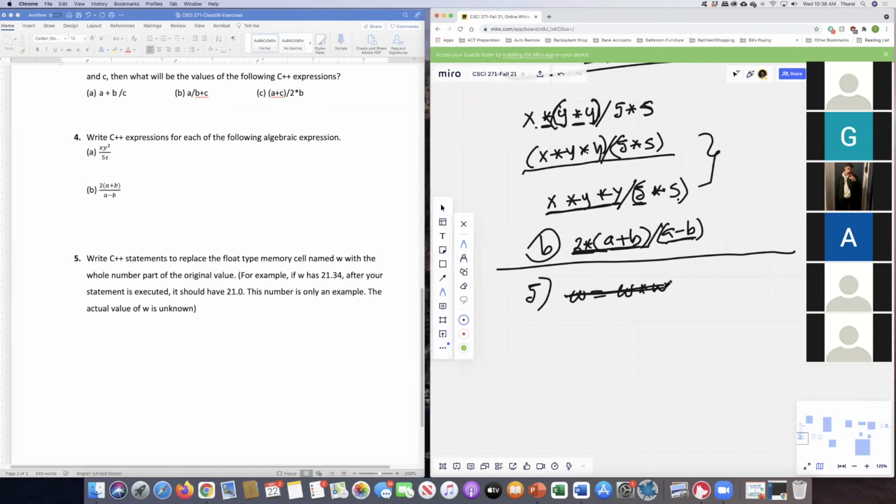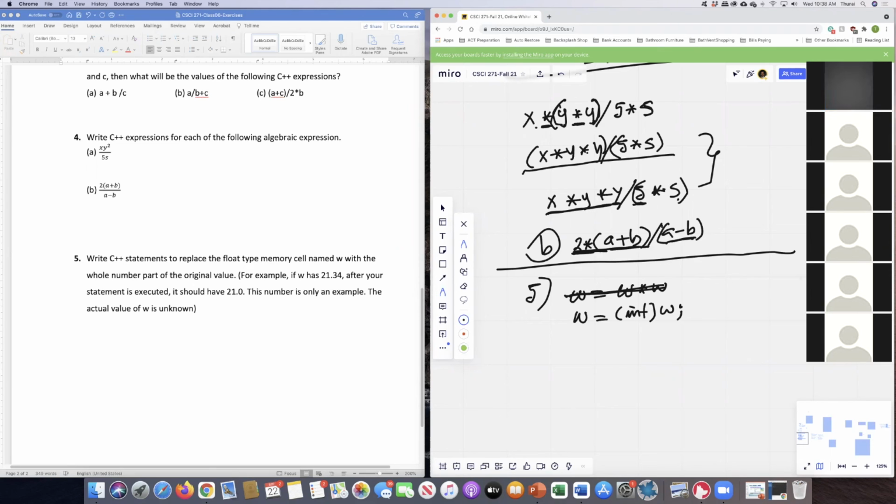What if we do W equals parenthesis int parenthesis W? Oh, okay. W equal to parentheses int W. Is that what you said? Yes, very good. That is one way of doing it.